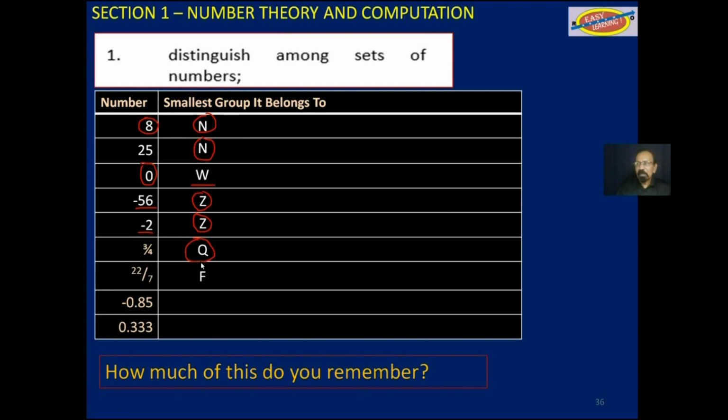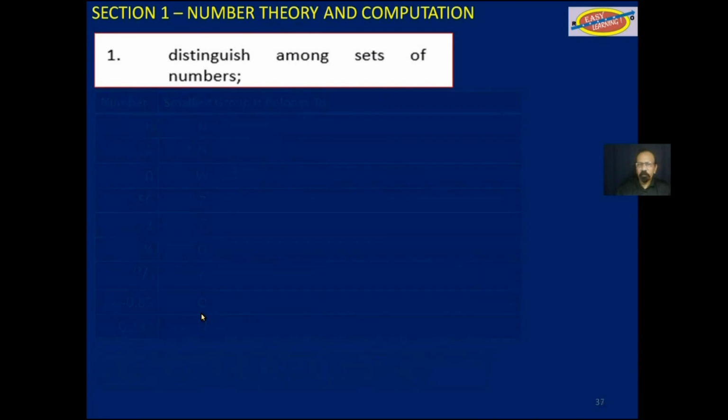22/7, it will not terminate. It's an irrational number. Negative 0.85 should be Q, rational numbers. And 0.333, which will also be rational numbers.